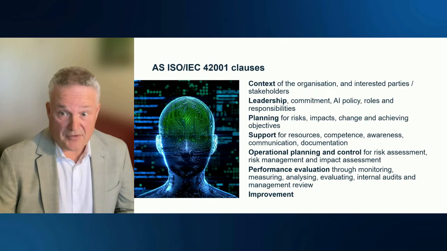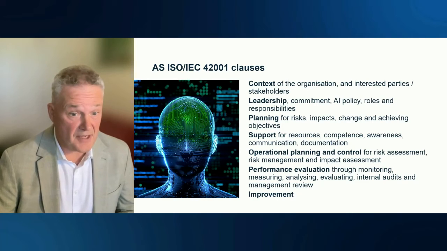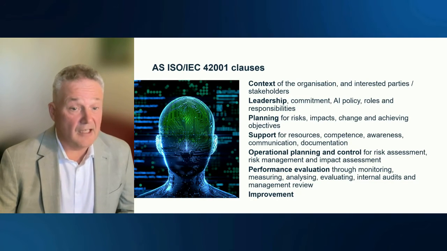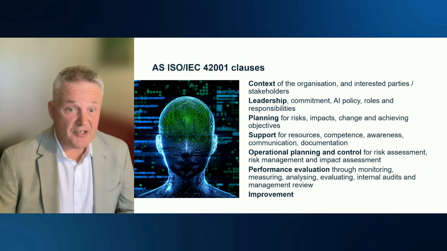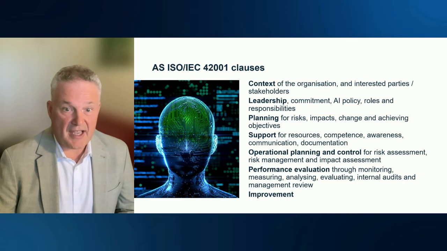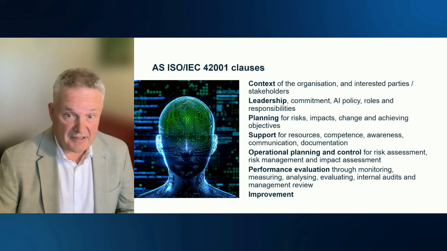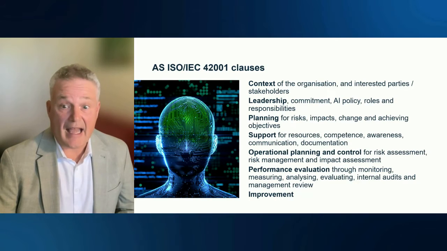Accreditation to 42001 is expected, as I said before, to be possible from June, July this year. Another quote from the standard. Top management shall review the organization's AI management system at planned intervals to ensure its continuing suitability, adequacy, and effectiveness.